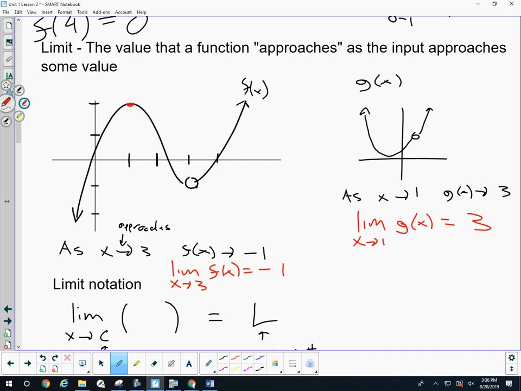If I plugged in 0.99999 into f of x, I'm probably going to get something very close to 2, right? If I plug in 1.00001, I'm probably going to get something close to 2. Typically, function values and limits agree with each other. So I would say that f of 1 is 2, but also the limit as x approaches 1 of f of x is equal to 2.